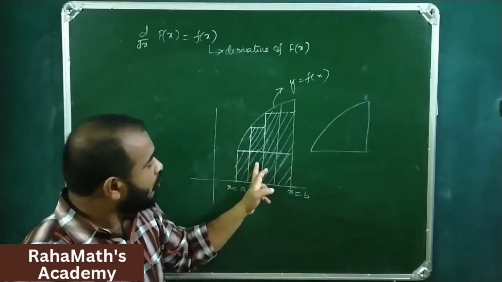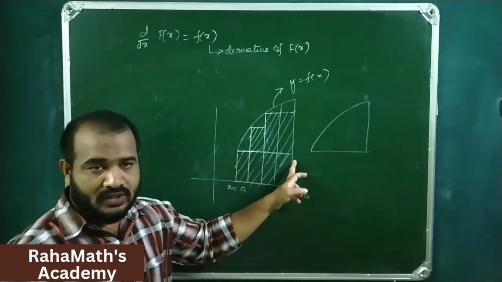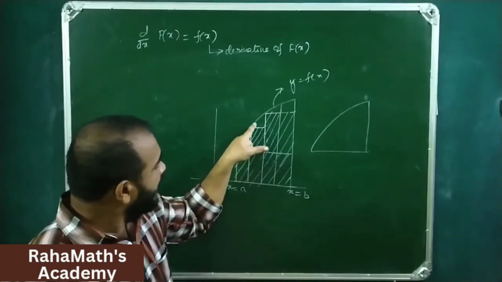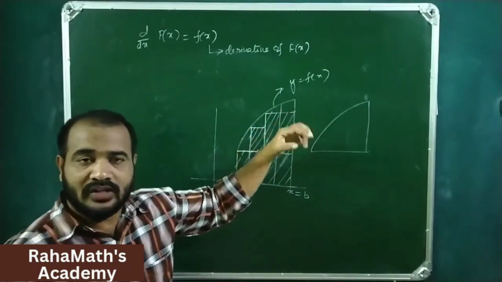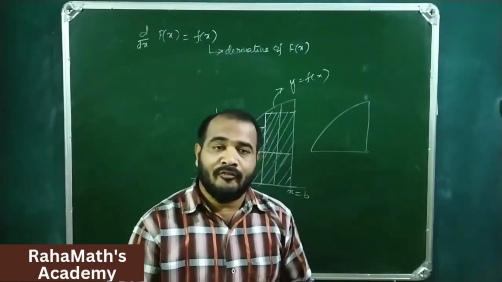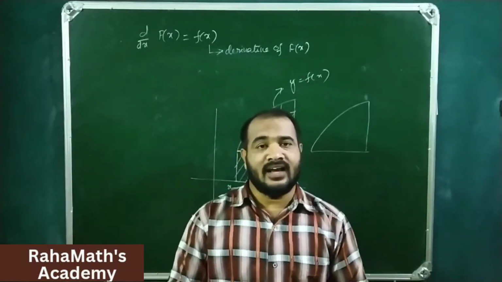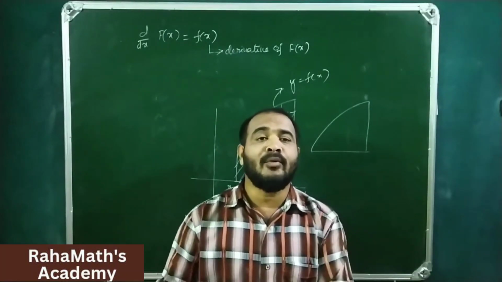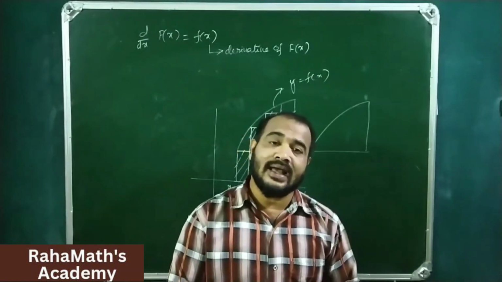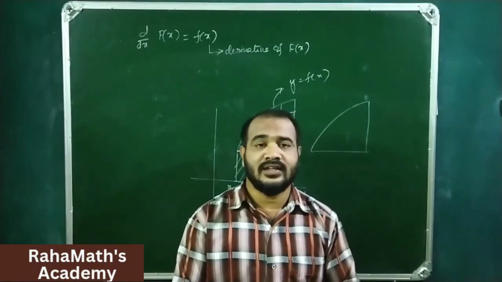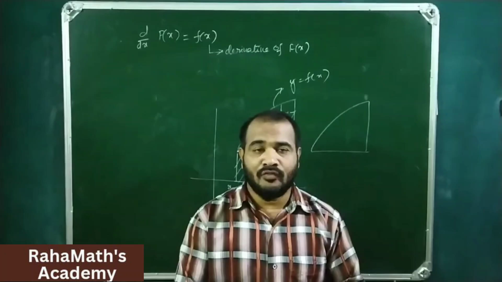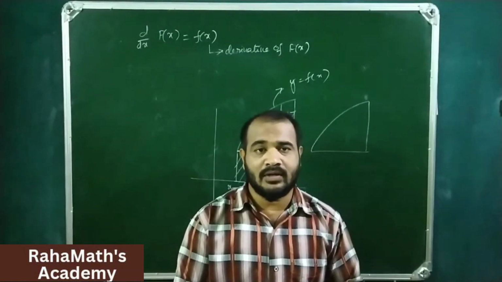This time I made four rectangles, therefore only this part has been missed out. So we got an idea that if we keep on increasing the rectangles, then more improvement in terms of rectangle areas is coming out.